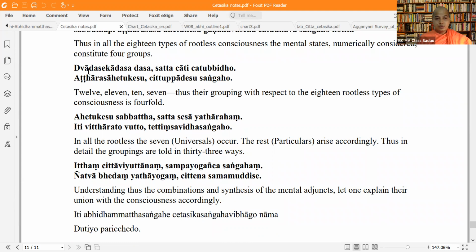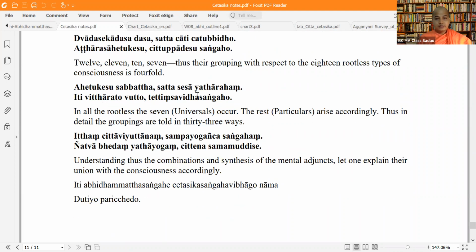Dvadasa ekadasa dasa sattati chatubbidho attharasa ahetukesu cetasikasangaho. 12, 11, 10, 7. These are the numbers. In some cases 12 mental factors, in some cases 11, in some cases 10, in some cases 7. Thus the grouping with respect to the 18 rootless types of consciousness is fourfold.